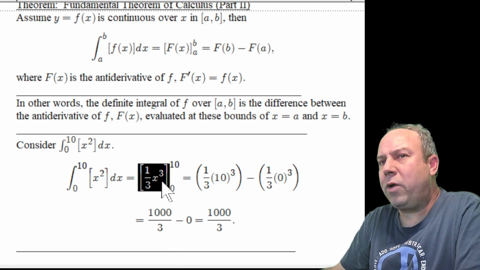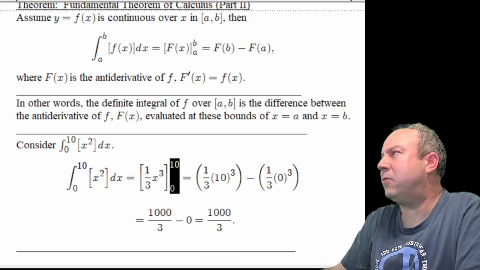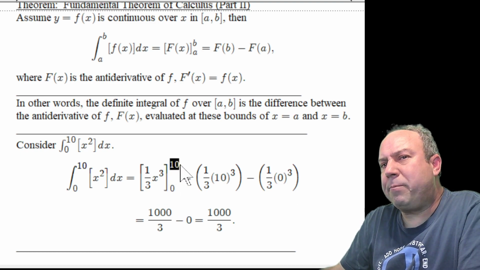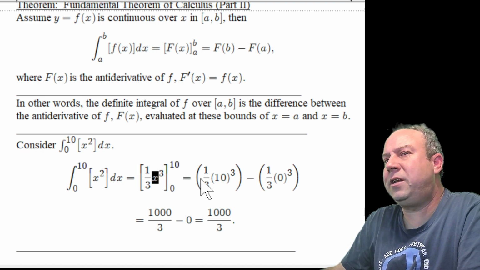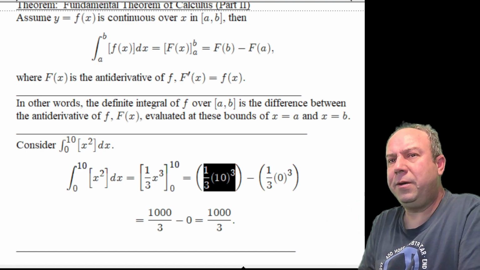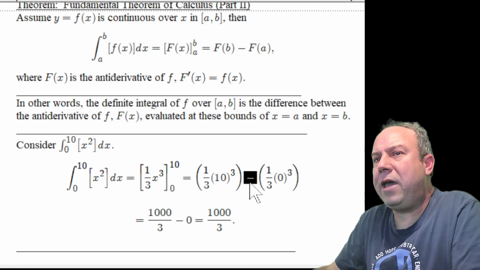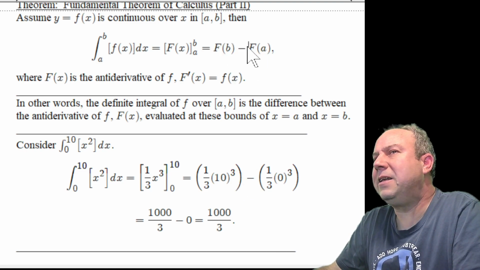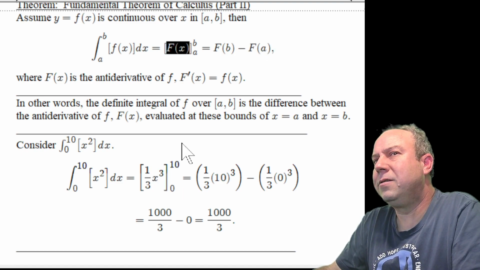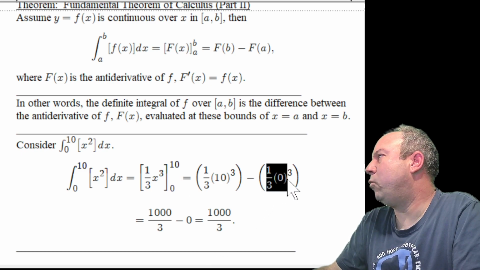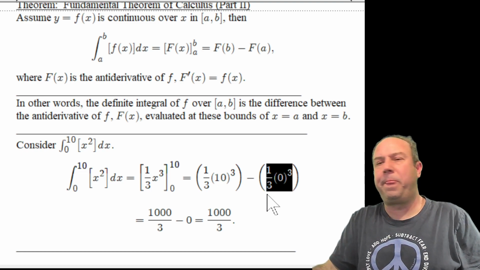So if I evaluate 1/3 x cubed across the boundaries from 0 to 10, I'm going to start with the upper boundary at 10 and substitute it in for x, and I'll have 1/3 times 10 cubed. And I'm going to take away from that the antiderivative of f evaluated at my lower boundary of 0. So that's going to be 1/3 times 0 cubed.